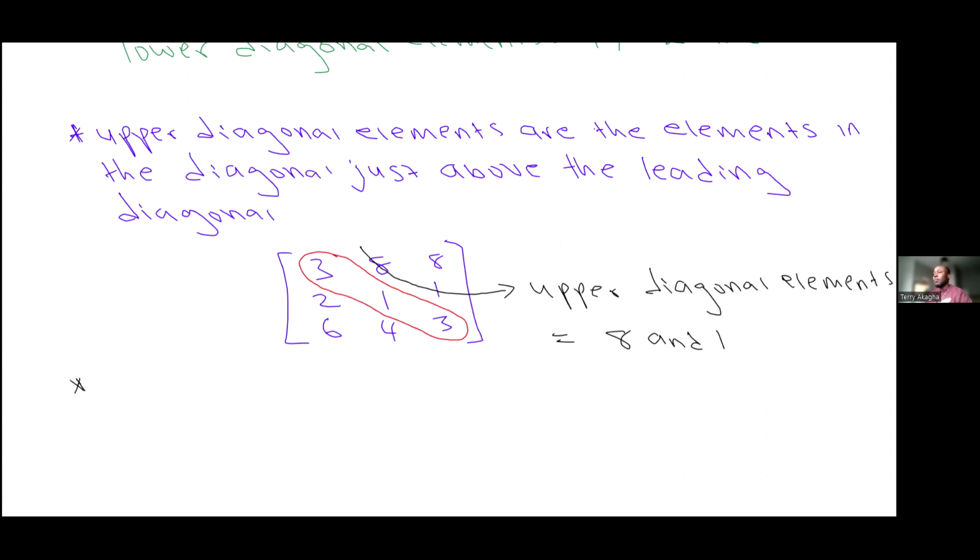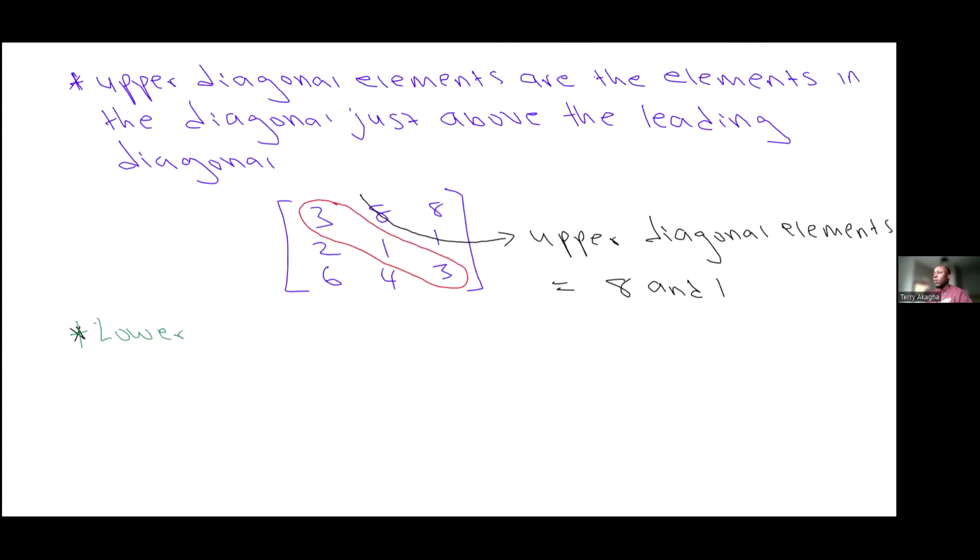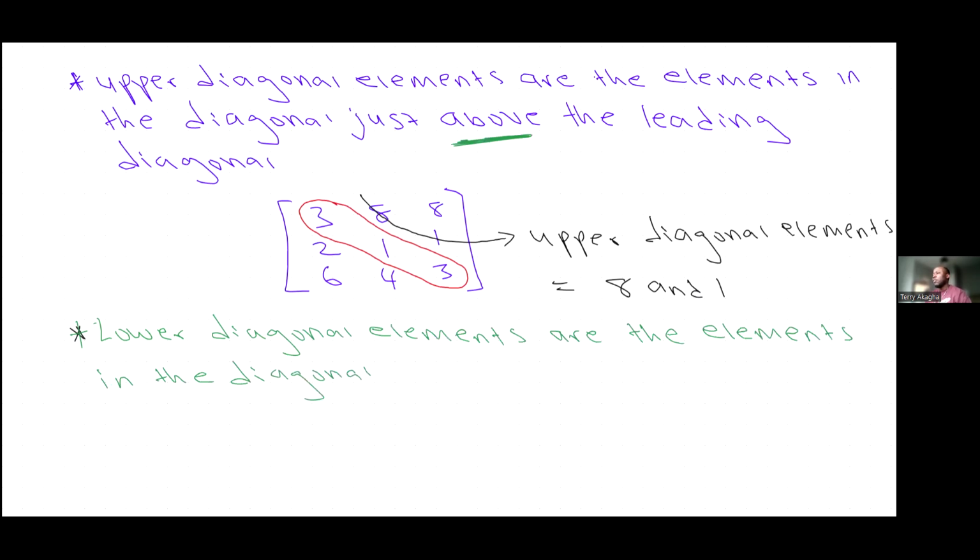The lower diagonal elements are the elements in the diagonal, now in the previous one was just above, or in this case is what?